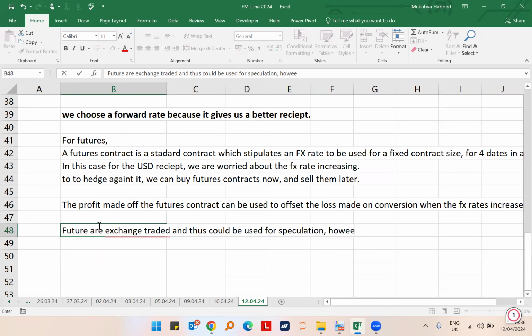However, finance managers do not engage in speculation. They only go into the transaction to hedge actual cash flows.